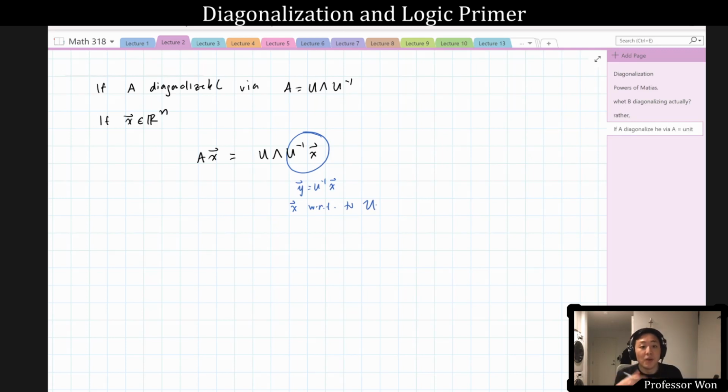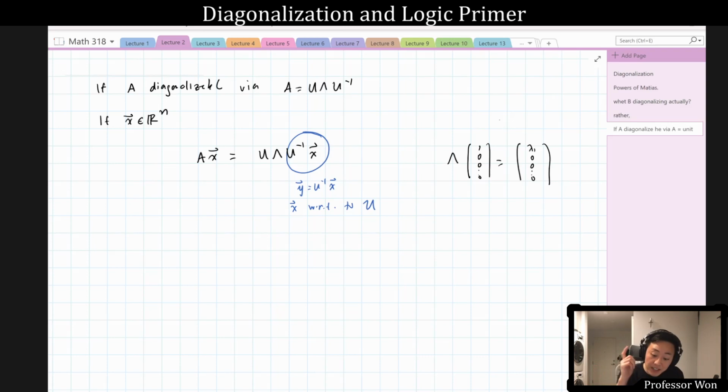Then what does lambda do to that? Lambda just acts like a diagonal matrix because the basis consists of eigenvectors. Of course, lambda times 1, 0, 0, 0 is just lambda 1, 0, 0, 0. Here I'm imagining this is in the basis u, because you took u inverse x.